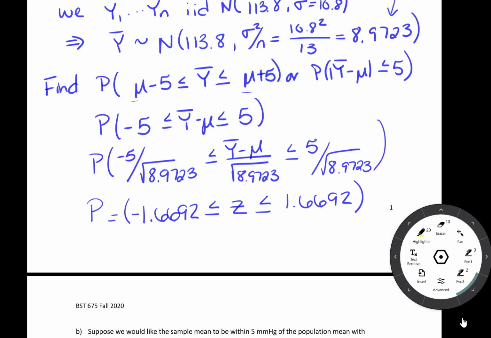In this case, since we're working with Z, that'll be a normal distribution with mean 0 and standard deviation 1. If you put that into R, you should find something close to the following. So we have about 90.5% as our probability here.